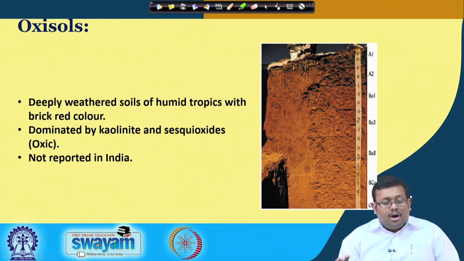Now let us see what oxisols are. Oxisols are deeply weathered soils of the humid tropics with brick red color, dominated by kaolinite and sesquioxides. Sesquioxides are basically the combination of iron and aluminum oxides, and we do not see this type of soil very much in India.